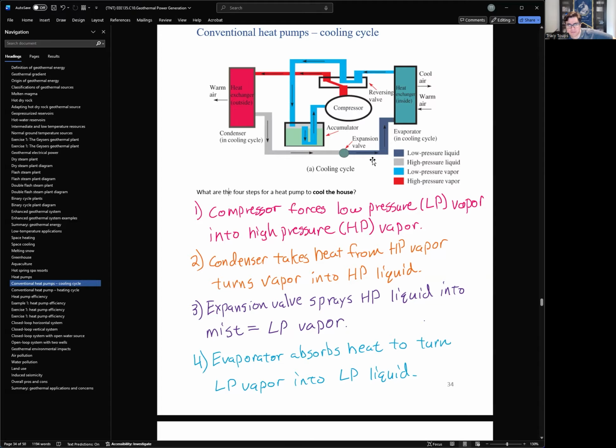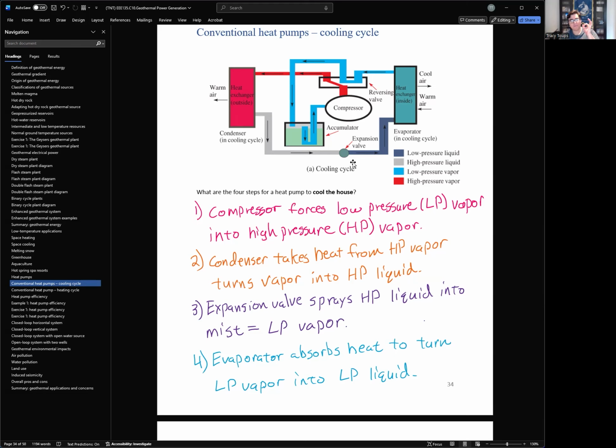And then this will come out and go into the evaporator core, and then this will cool down your house. Okay. So coming out of the expansion valve right here, because you had high pressure vapor, you spray it. One big thing you're doing is increasing the volume.